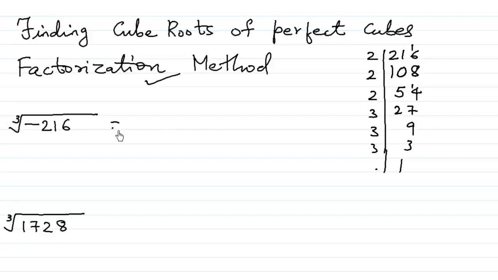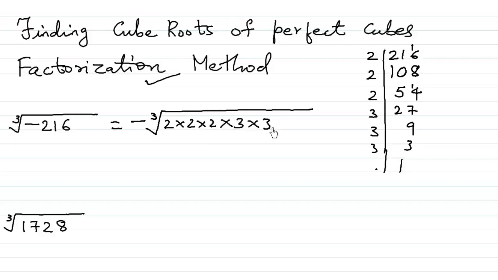What we are going to do is, first we are going to take this negative sign outside, because we know that the cube root of a negative number is negative. So we'll write this negative outside, and we'll put this cube root sign, and we are going to write 2 multiplied by 2 multiplied by 2 multiplied by 3 multiplied by 3 multiplied by 3. Now, since this is a cube root, this time we take the group of 3.